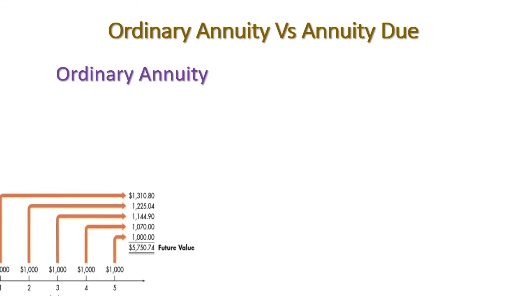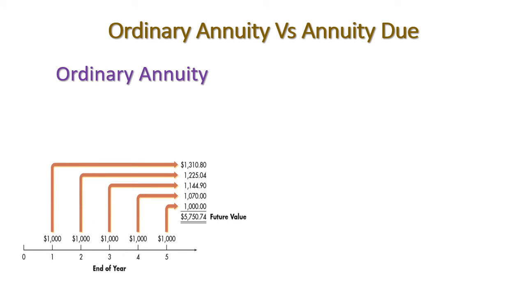We can understand the difference between ordinary annuity and annuity due as follows. Recall that in ordinary annuity the deposited amount is at the end of each period. So at the end of year 1 will be the first amount, at the end of year 2 the second amount, at the end of year 3 the third amount, at the end of year 4 the fourth amount, and at the end of year 5 the last amount.